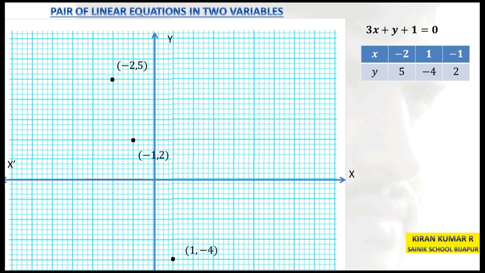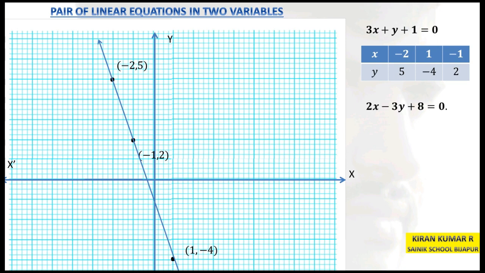Minus 1 comma 2, again it is there in the second quadrant. Now with these 3 points, I will draw a line passing through these 3 points. This is the line. So we had represented 3x plus y plus 1 equal to 0.